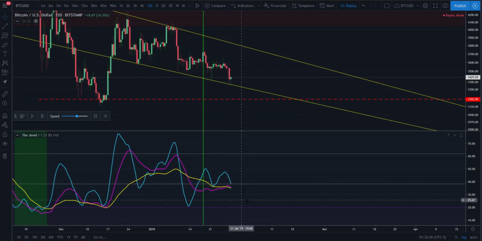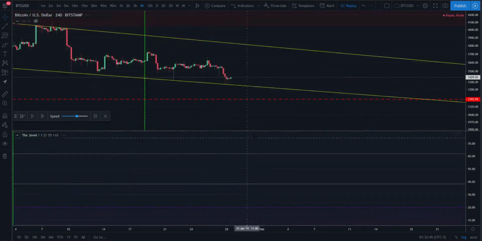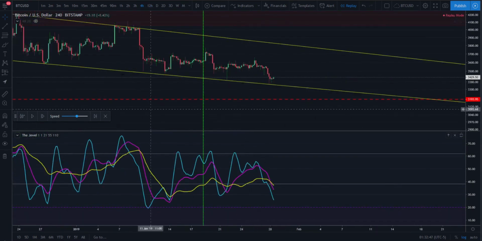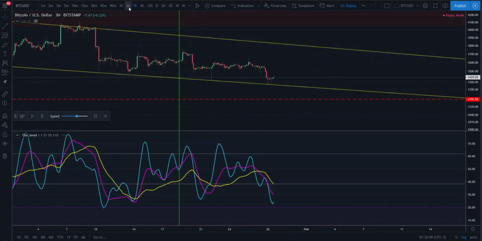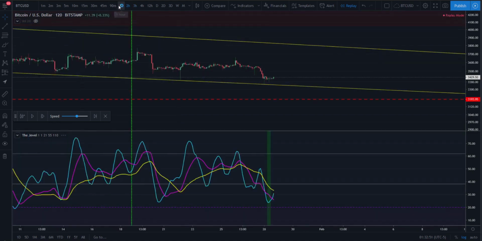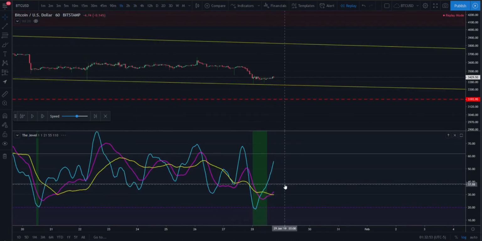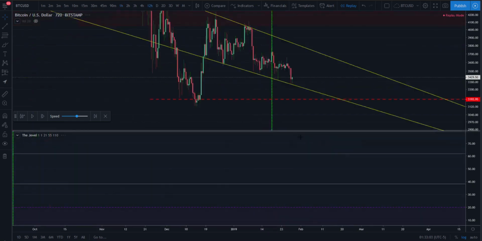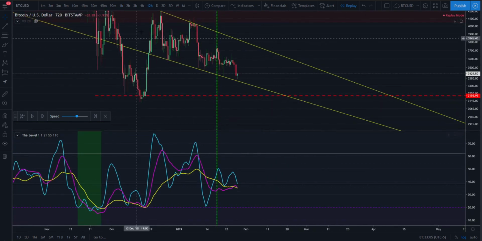Not a signal, but a potential signal. We are setting up for it. If we go to the 4 hour, not a signal. To 3, not a signal. 2, 1, nah, nothing. Although the 1 hour went into the critical zone, right? Give us the background that we want to see. Okay, 12 hour is setting up.